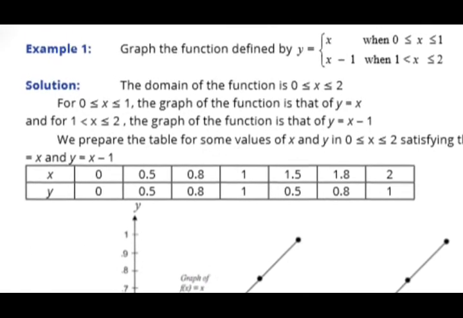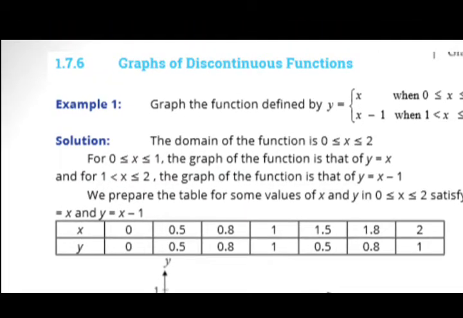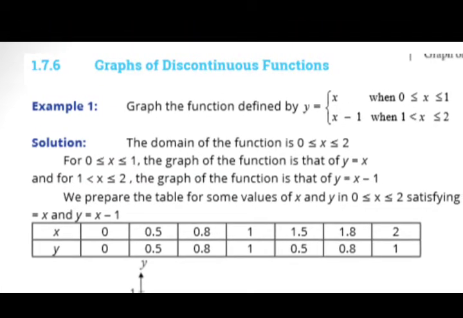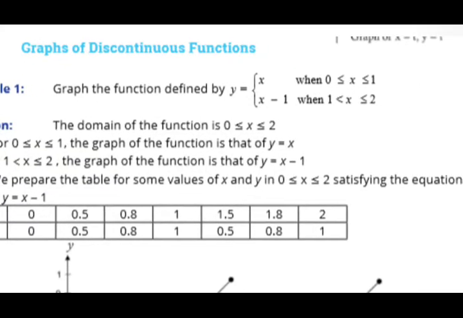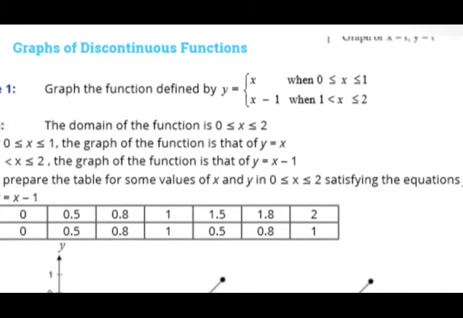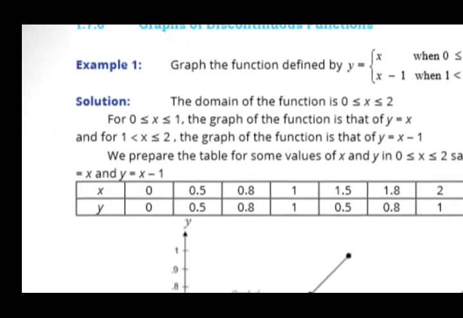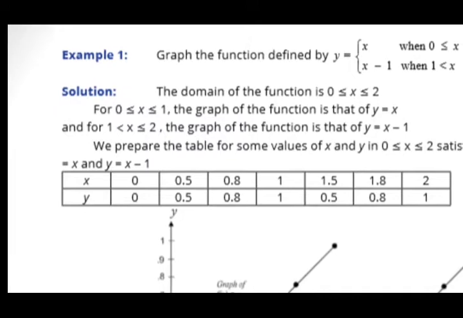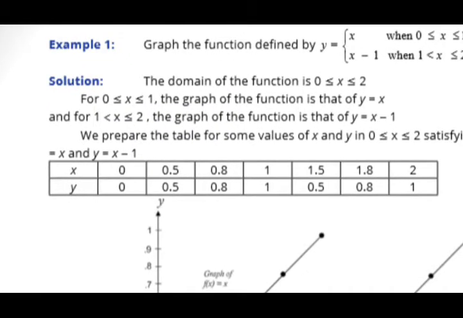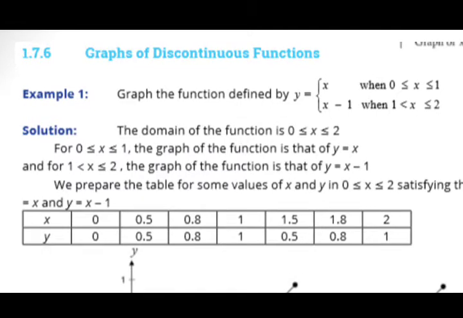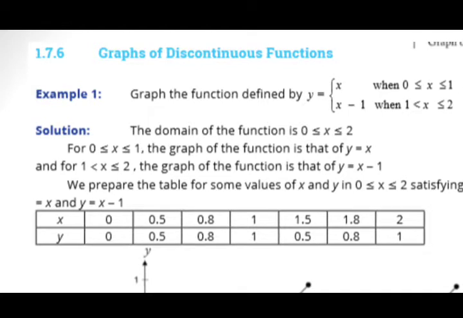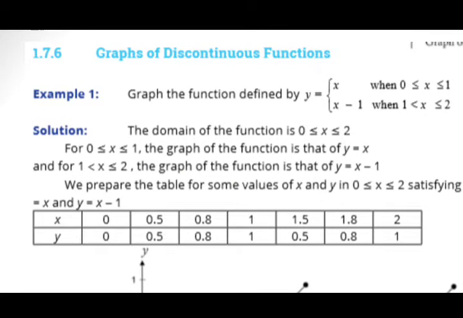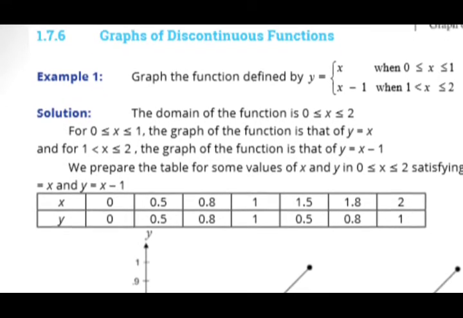Now here we have a discontinuous function in piecewise form: y is equal to x, and x minus 1. Its first function covers 0 to 1 and the second 1 to 2. We draw its graph from 0 to 2. For x less than or equal to 1 we put in values in x, and for x greater than 1 we put in values in x minus 1.